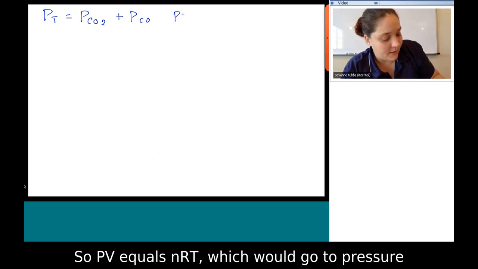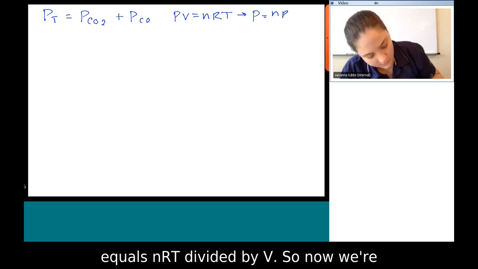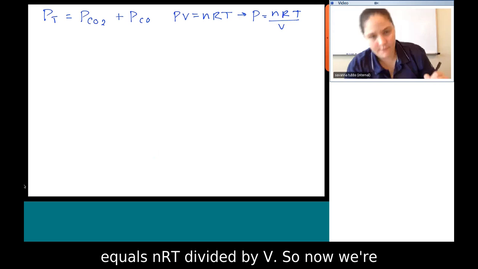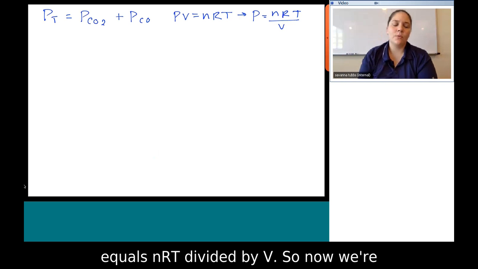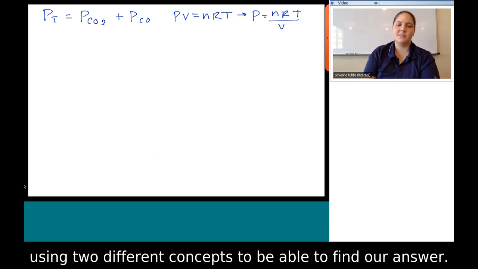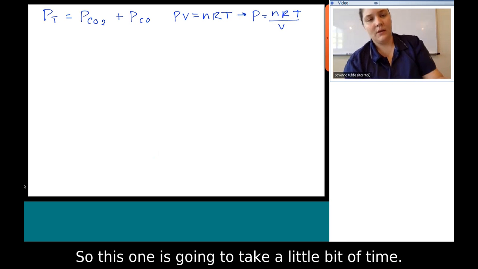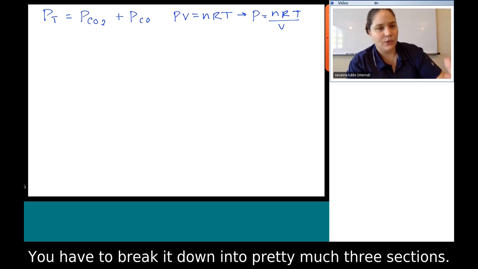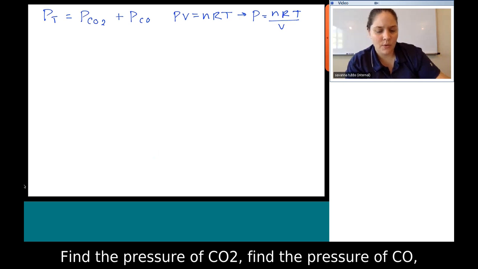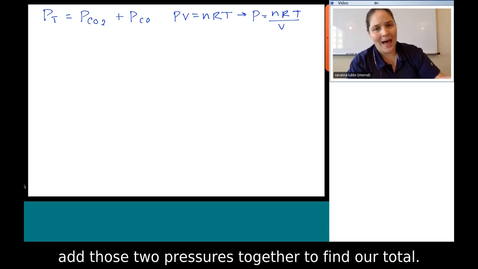So PV equals nRT, which would go to pressure equals nRT divided by V. So now we're using two different concepts to be able to find our answer. So this one is going to take a little bit of time. You have to break it down into pretty much three sections. Find the pressure of CO2, find the pressure of CO, add those two pressures together to find our total.